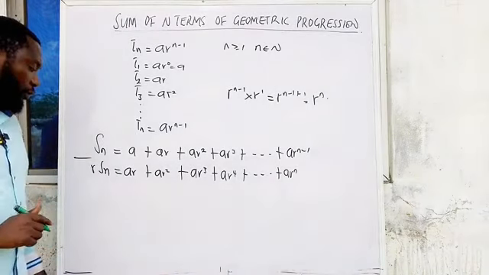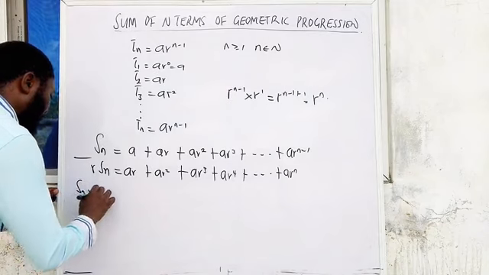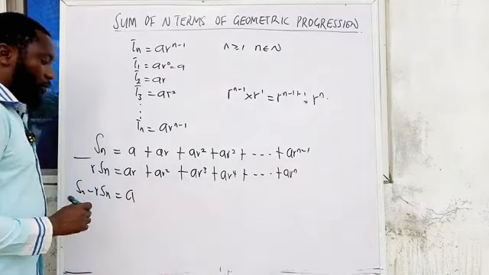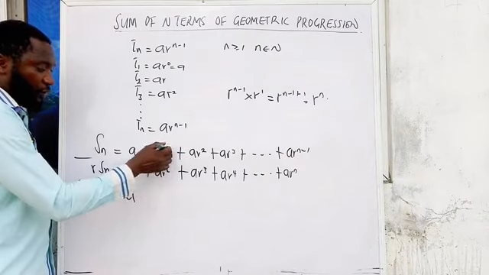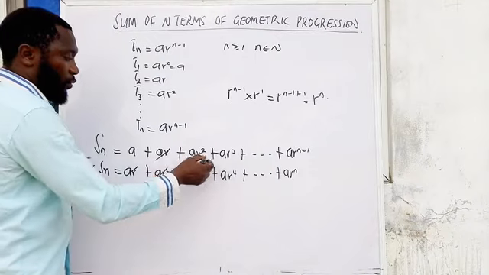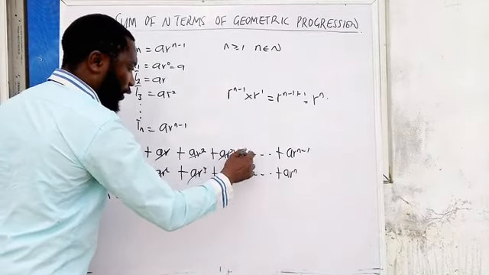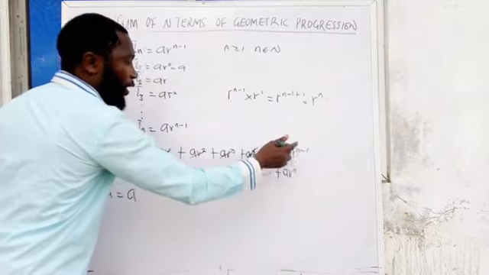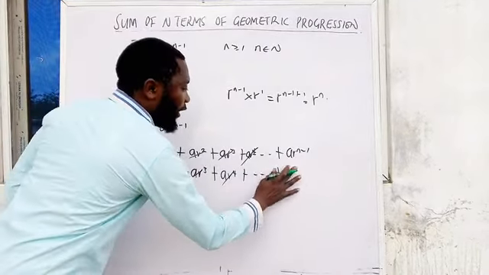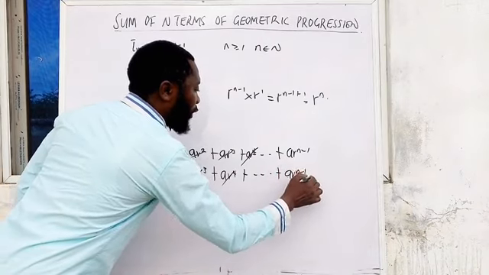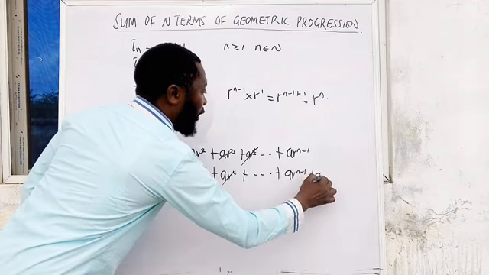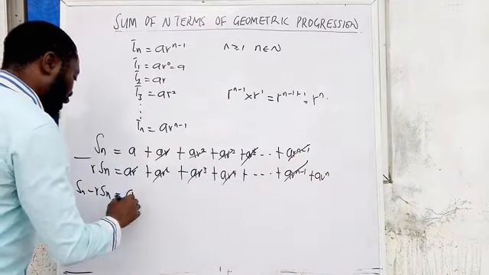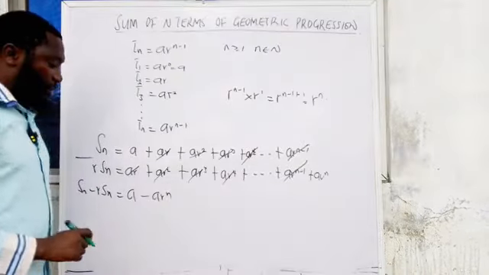If we subtract, we are going to have Sn minus rSn equals a, minus, these terms cancel out, and the rest cancel out, until before the last term there is ar raised to n minus 1, then minus ar raised to n. So what will be left is just a minus ar raised to n.